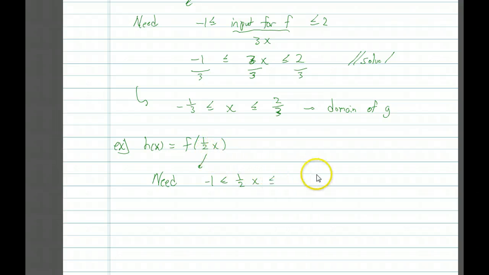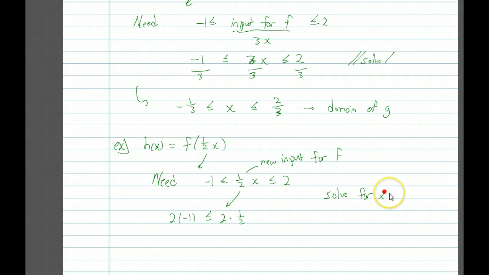What we need to have happen is that whatever we're plugging into f has to lie between -1 and 2. Our new input for this one is 1/2 x. So now we just solve that inequality. To isolate x, we could divide by 1/2, which is the same as multiplying each side of the inequality by 2.